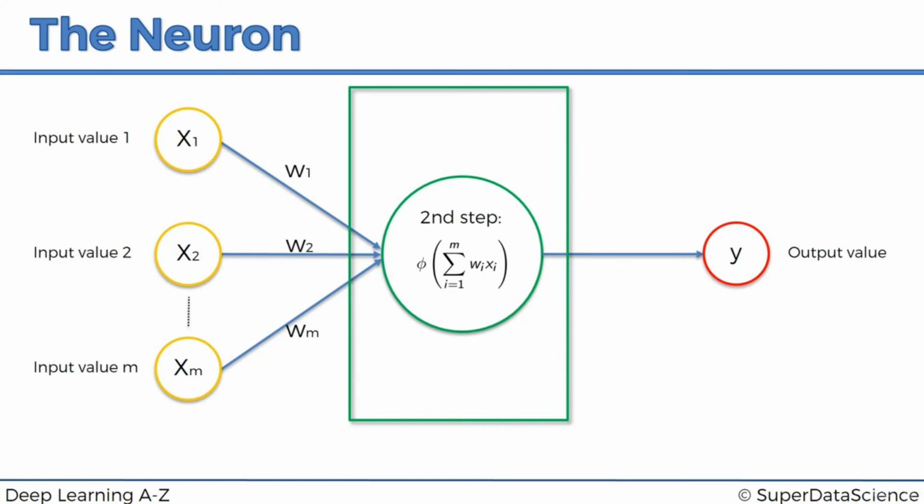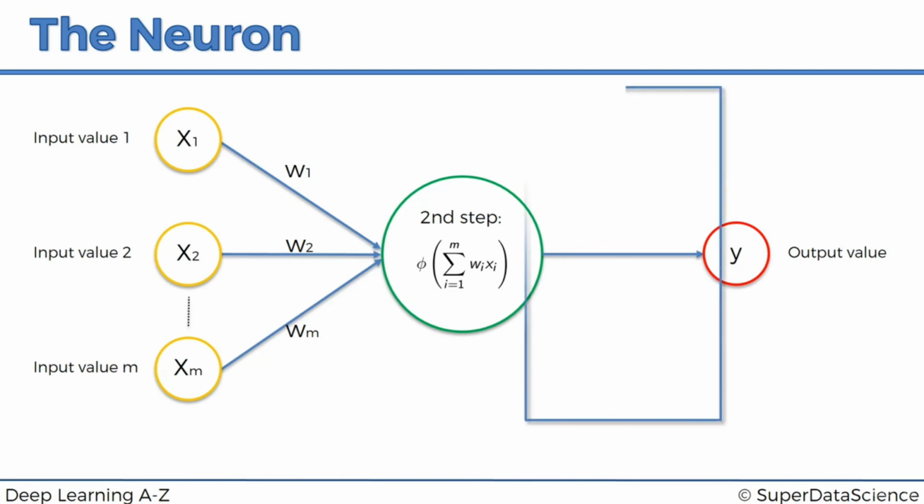Depending on the function, the neuron will either pass on a signal or it won't. And that's exactly what happened here in step 3. The neuron passes on that signal to the next neuron down the line.